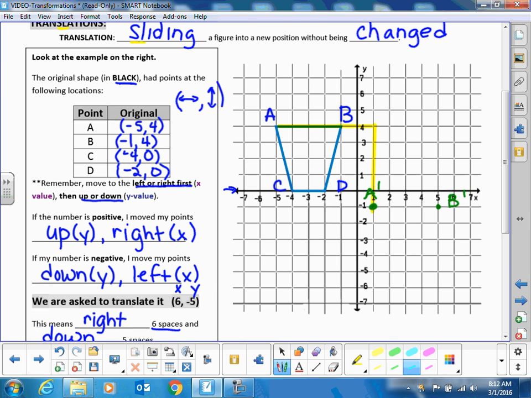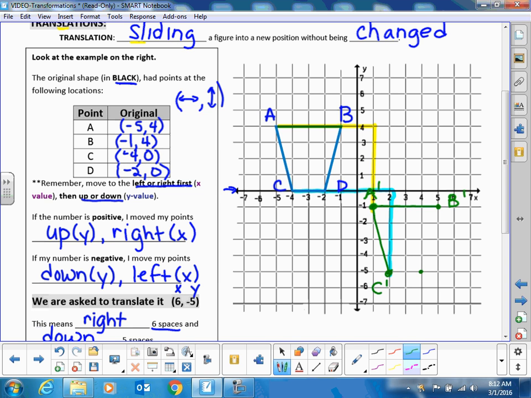So if I went over, same thing, 1, 2, 3, 4, 5, 6, 1, 2, 3, 4, 5. So then I knew my C prime is going to be down here. So your two choices are, you can move each individual point, or you can draw the shape based on what you know, based on looking at the original shape.